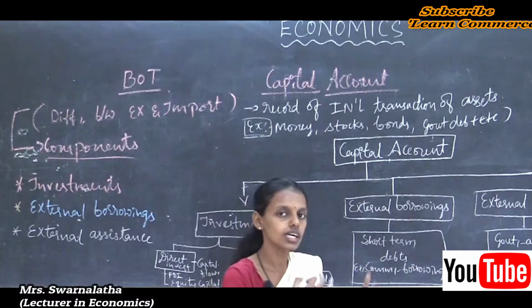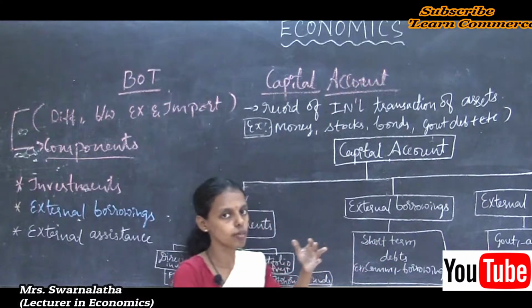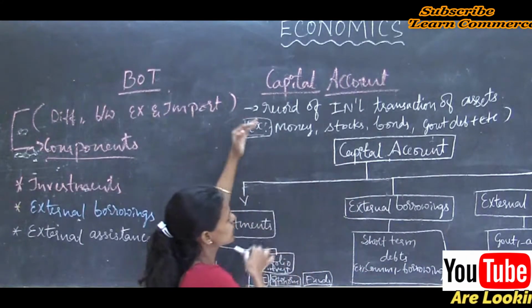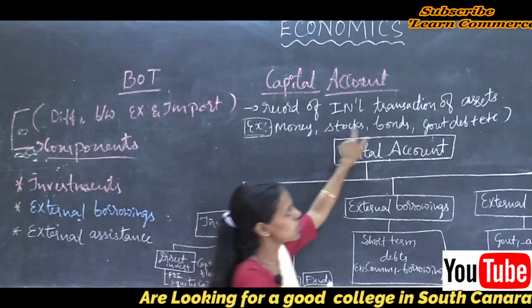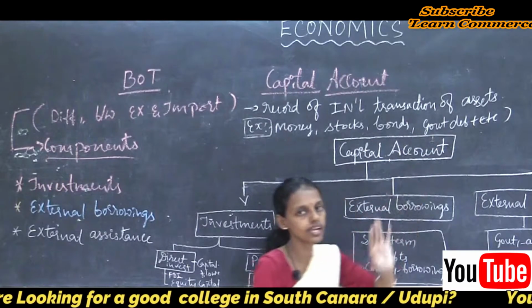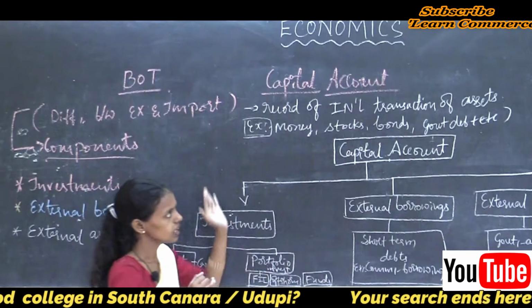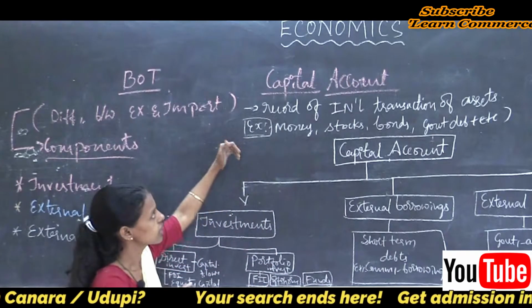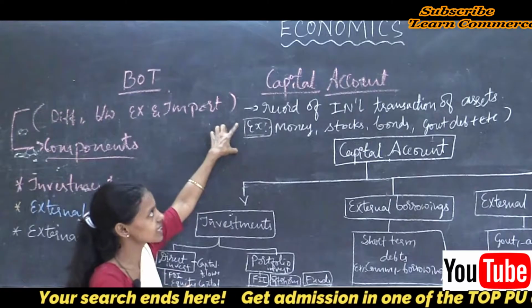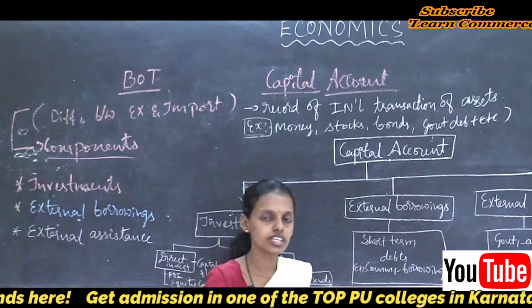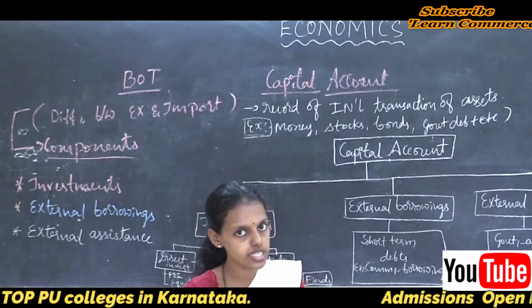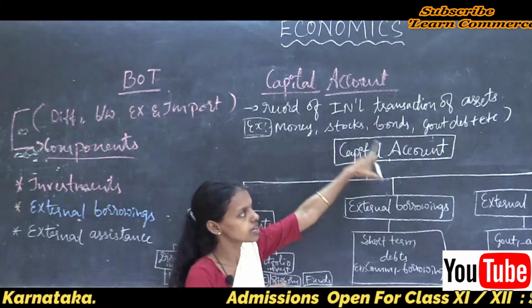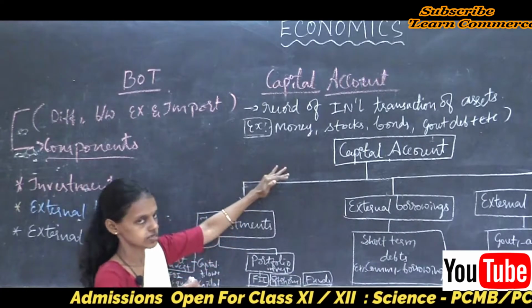When the government borrows from the public, it is called government debt. So the capital account includes money, stocks, bonds and government debts. It is a record of international transactions of assets.